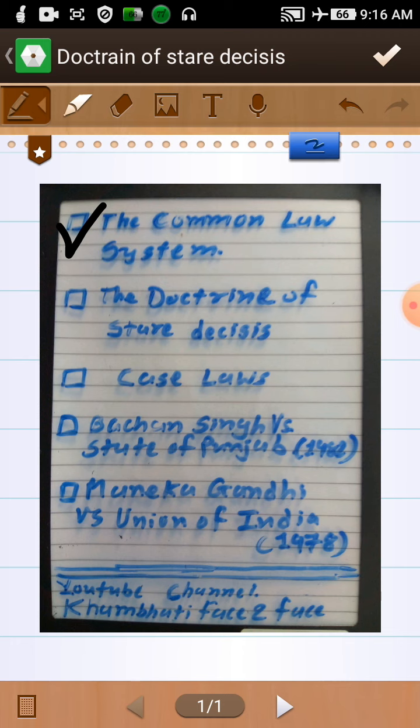A common law system is a legal system that gives great precedential weight to the common law, so that consistent principles applied to similar facts yield similar outcomes.